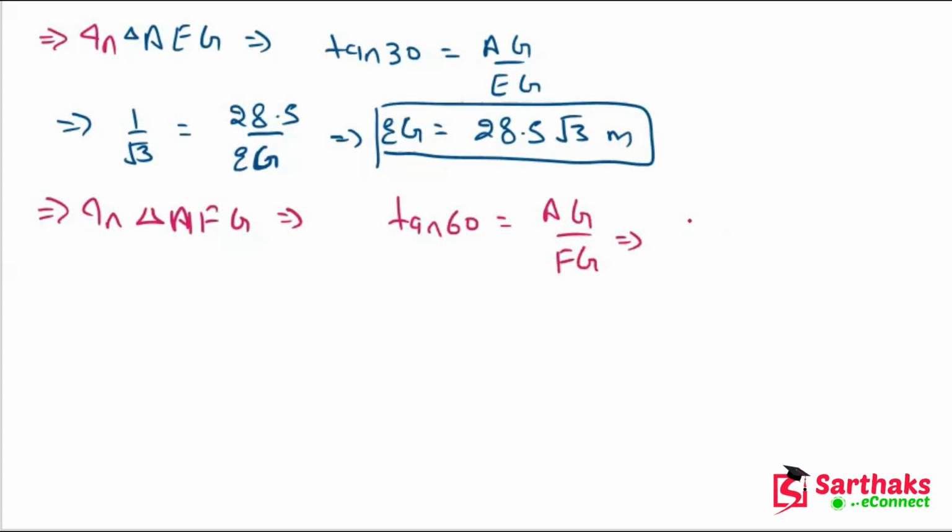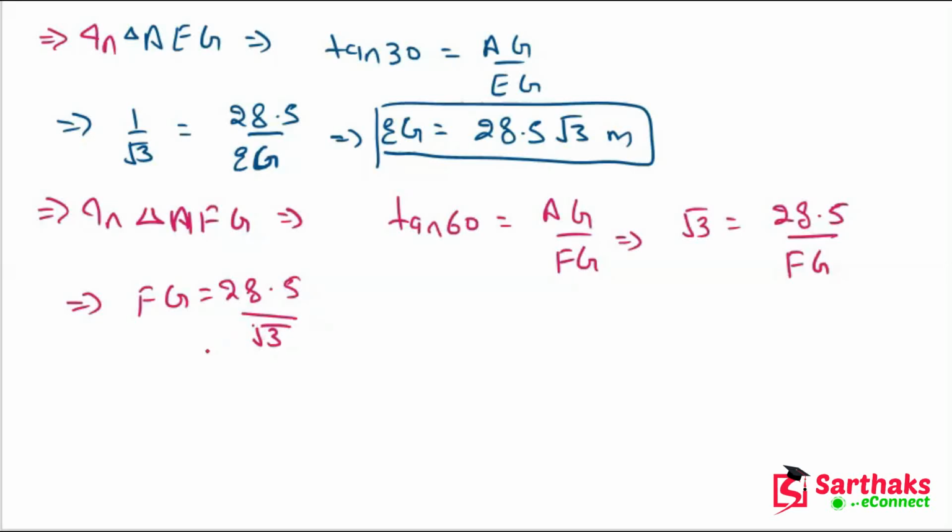Okay, so what is the value of tan 60? Root 3. What is the value of AG? 28.5 divided by FG. So from this we get FG is equal to 28.5 divided by root 3.